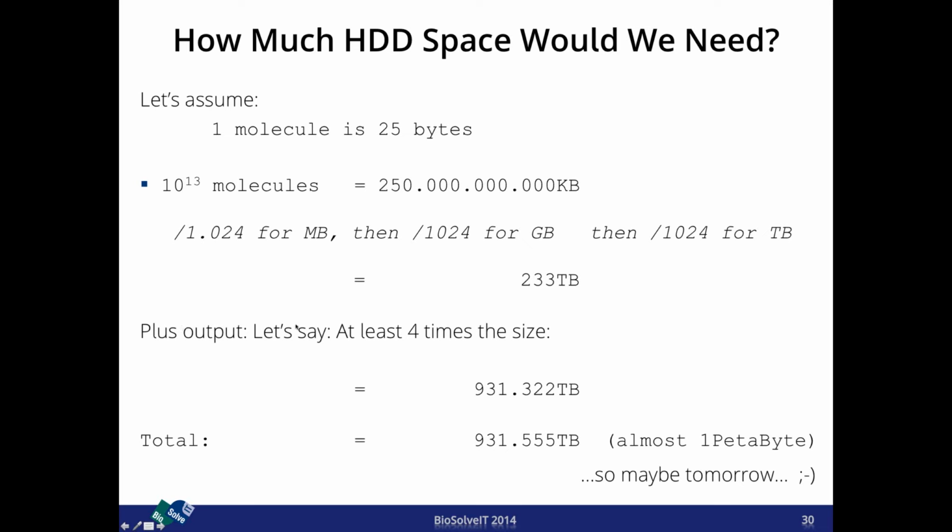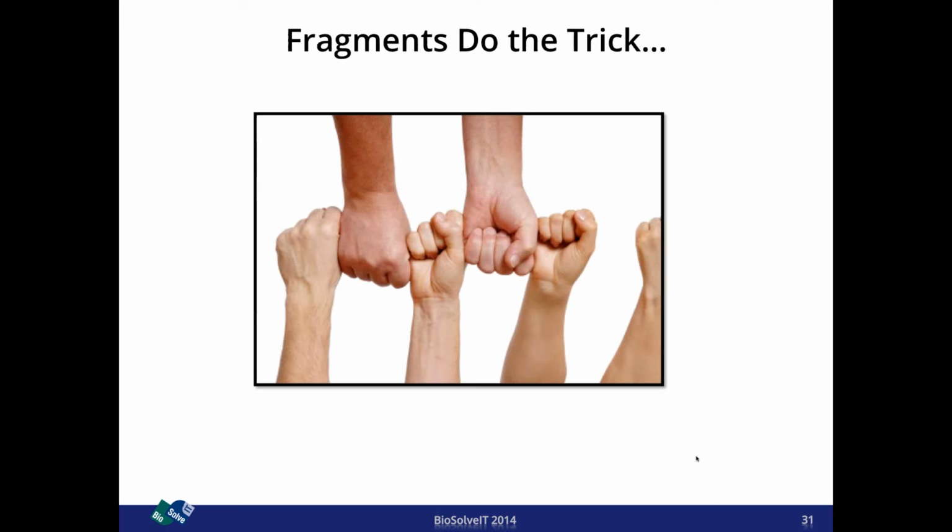That's only the input, plus the output, so we would need at least 4 times the size. So typically you tell the user this molecule aligns to that one and has this similarity. So in total, we have 931 terabytes, which is close to 1 petabyte. So probably you should wait with this computation until we have much, much cheaper and much bigger hard disks.